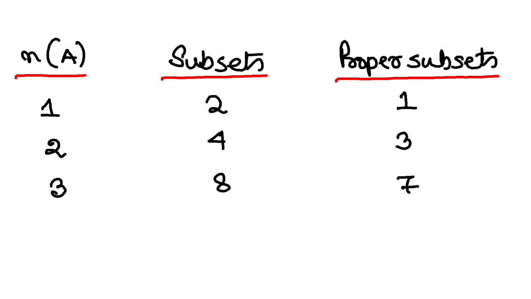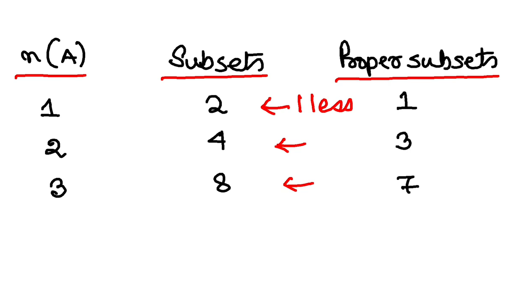If a set contains one element, subsets 2, proper subsets 1. If it contains 2 elements, number of subsets 4, proper subsets 3. If it contains 3 elements, number of subsets 8, proper subsets 7. Please notice that number of proper subsets is 1 less than this, isn't it? 4 minus 1 is 3, 8 minus 1 is 7.